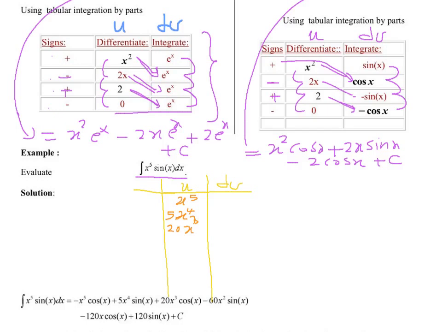Let us write this again. This is now x4, this is x cubed, and this is 60x squared.